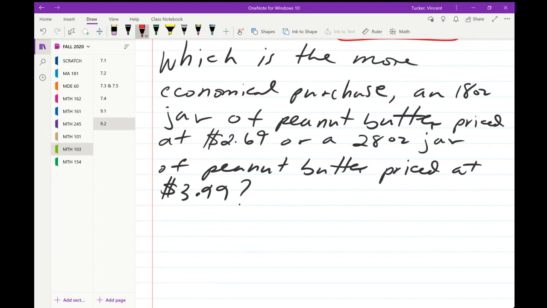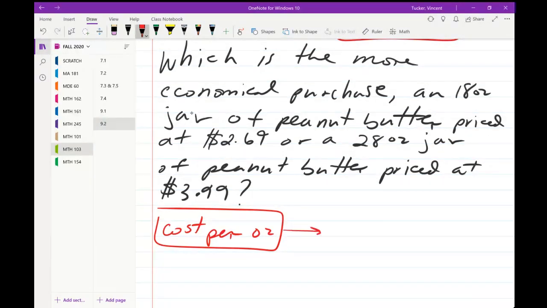So what we want to know here is the cost per ounce, or dollars per ounce. So when we set up our rates to do our comparison, we're going to have our dollars on top, our ounces on bottom.